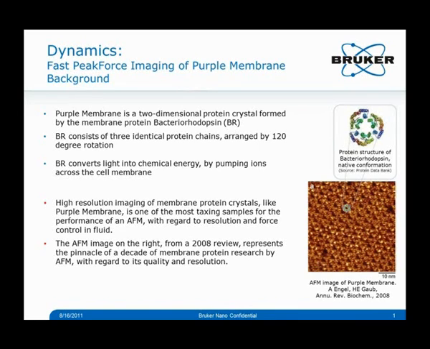BR consists of 3 identical protein chains, arranged by a 120-degree rotation. Bacteriorhodopsin is found in archaea, the most notable being halobacteria. In these organisms, Bacteriorhodopsin acts as a light-driven transmembrane protein pump, converting light into chemical energy for the organism.